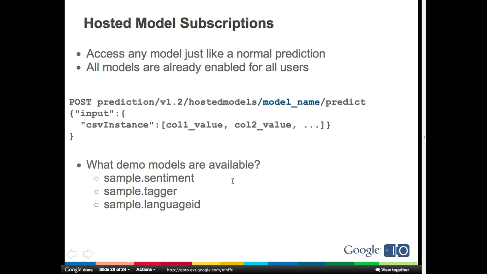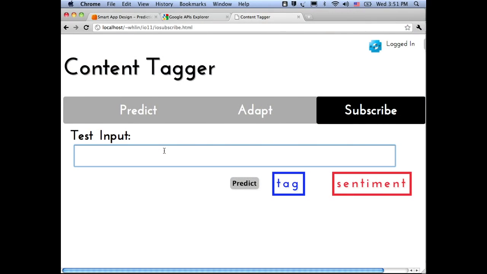So I'm going to show you how we can incorporate a hosted model in our web app demo. Remember, we collected a bunch of data on social media and tried to detect when people talk about App Engine, Android, or Chrome. But I know nothing about sentiment. I really want to know when people talk about App Engine or Chrome, are they excited or not?